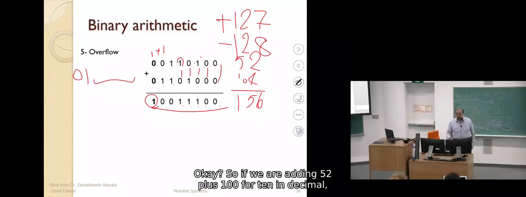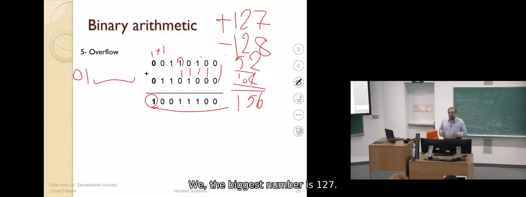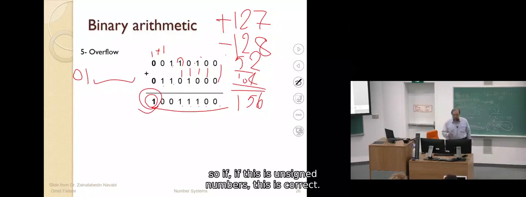Okay? So if we are adding 52 plus 104, then in decimal it becomes 156, which is out of range. The biggest number is 127. So this will act as an overflow if it is a signed number. You see? If these are unsigned numbers, this is correct.